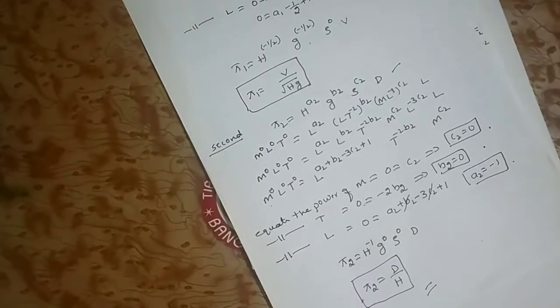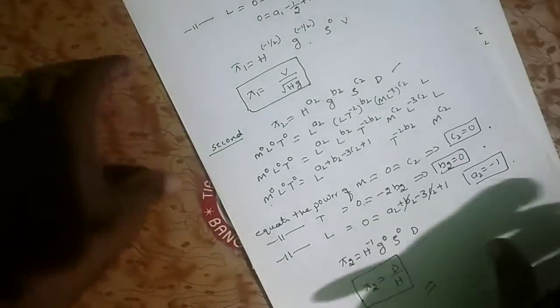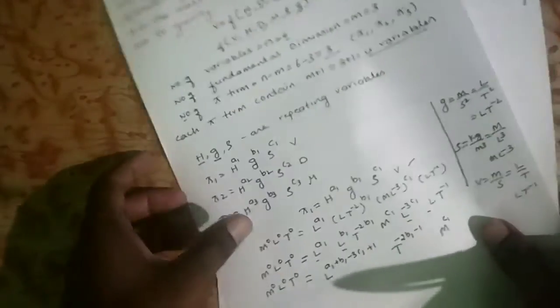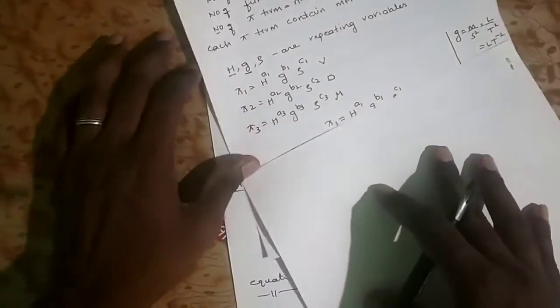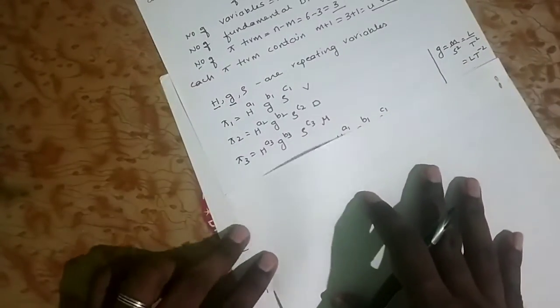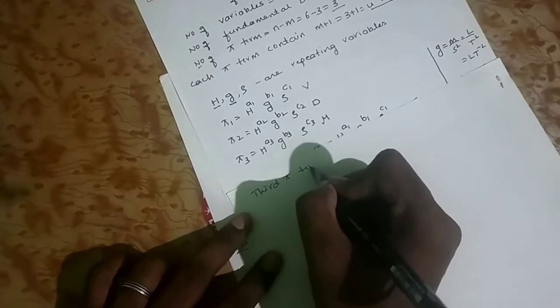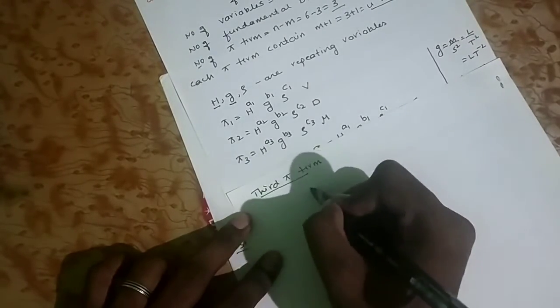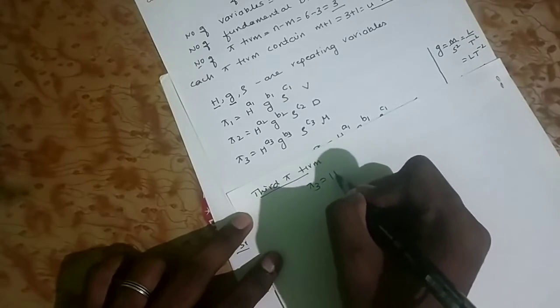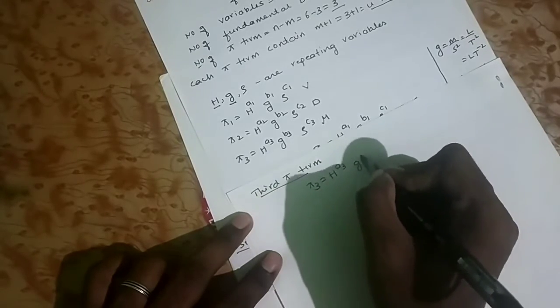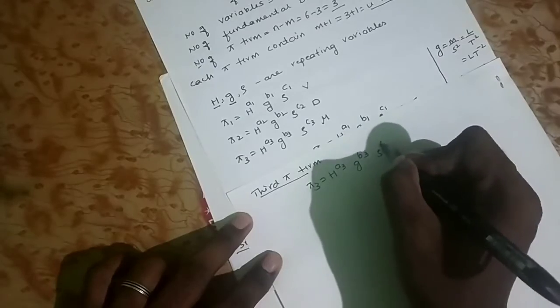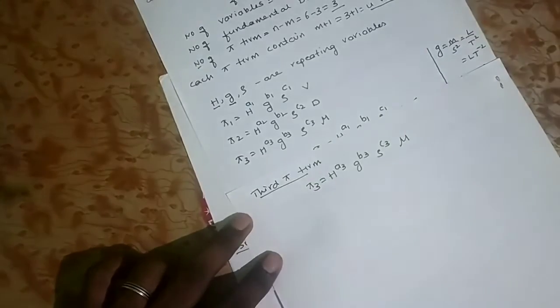Now we have to consider the third pi term. Pi 3 is equal to h power A3, g power B3, rho power C3 into mu.